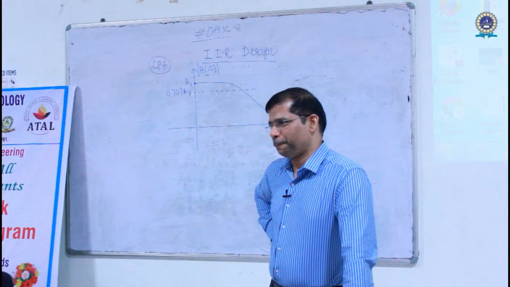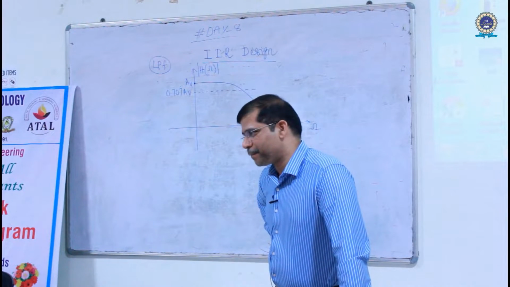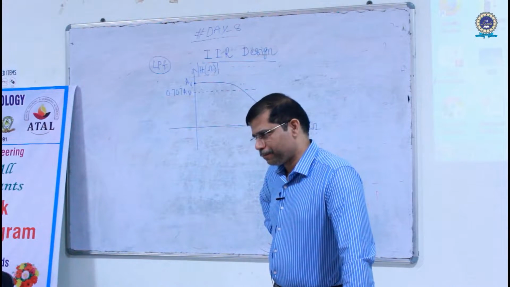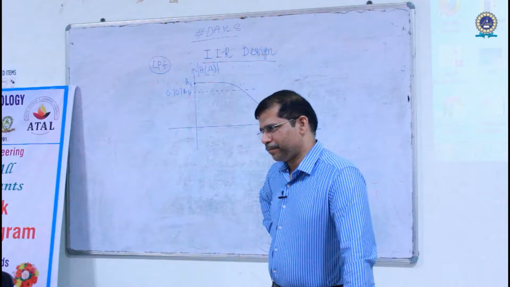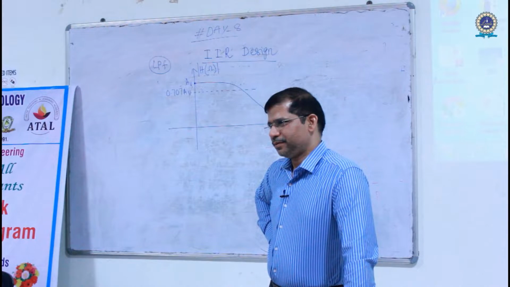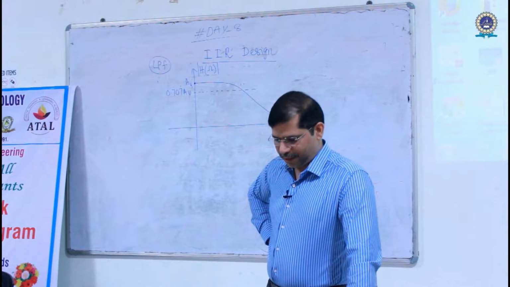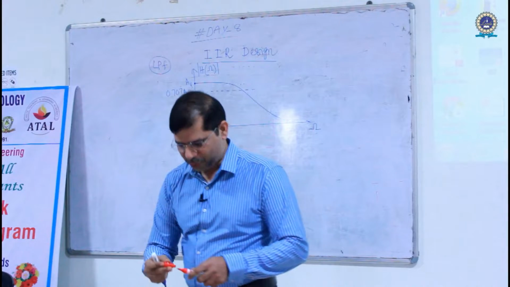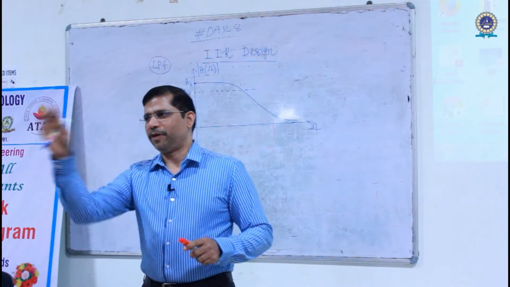Why 1 by root 2? The gain is 1 by root of 1 plus (f by fc) squared; that is the formula, that is okay, but my question is why 1 by root 2? Why can't it be 1 by 2 or 1 by 3?